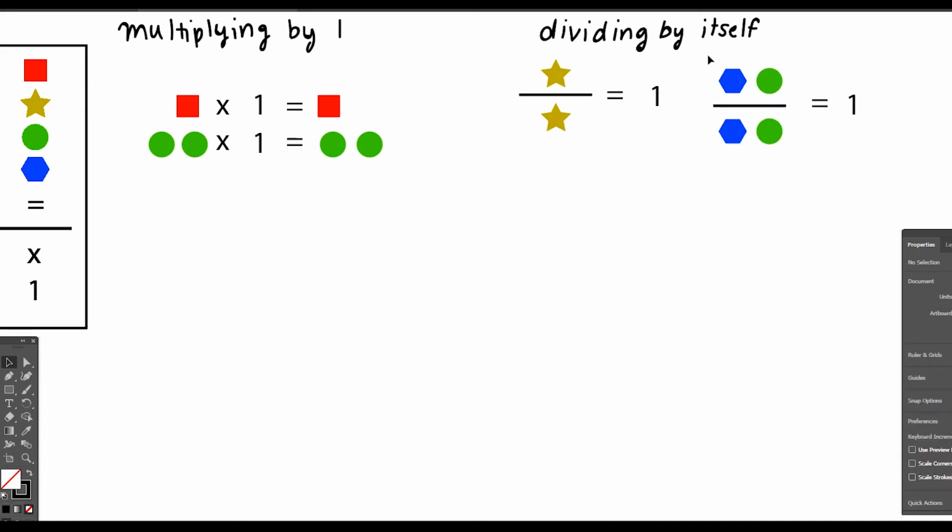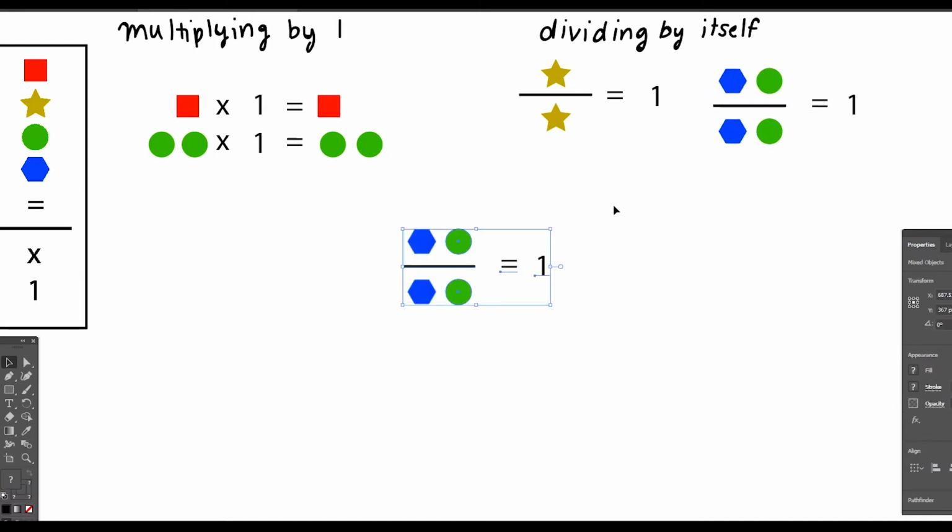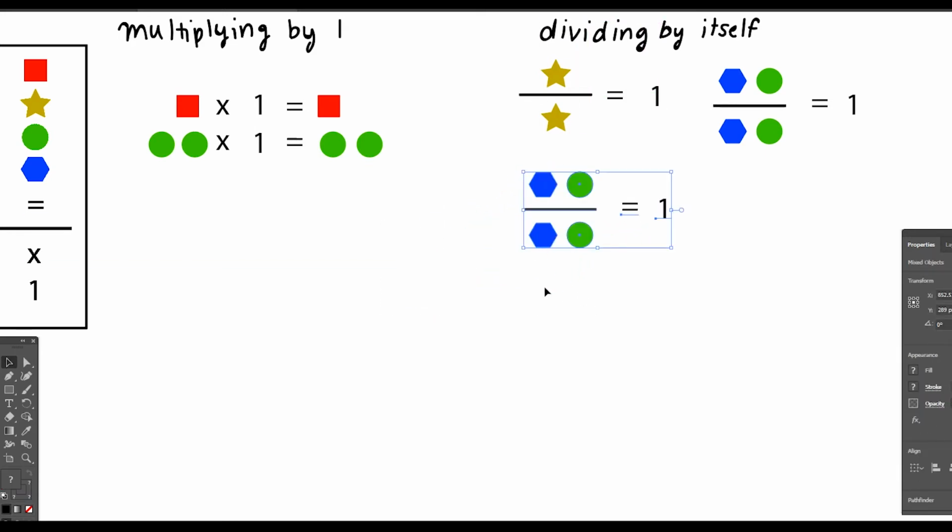Let's look at this example again and see some other things that we can do with this. So the other thing that we can do, let's just say that I have our example. Let's bring it up over here. And I'm just going to switch the order of our circle and our hexagon. I want you to be really confident and know that it does not matter. If we switch the order, I can still cross out.